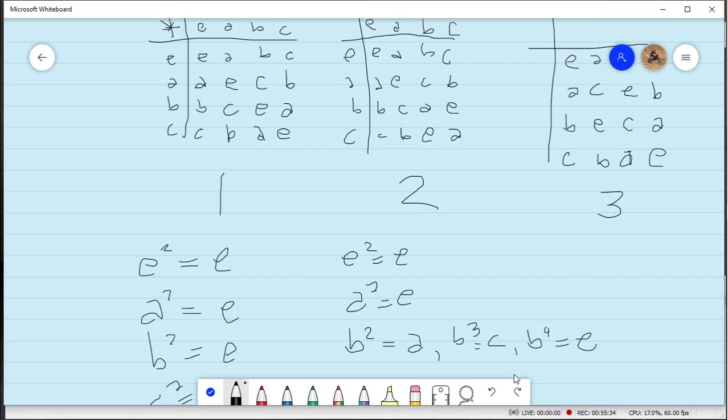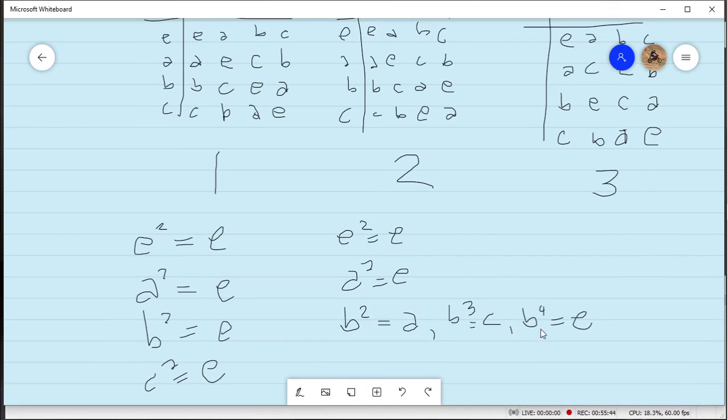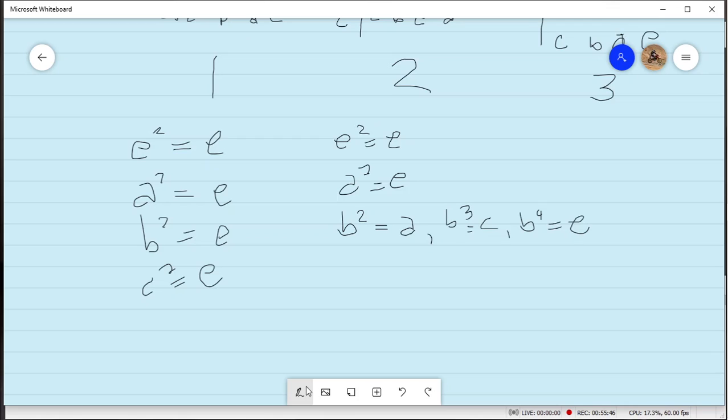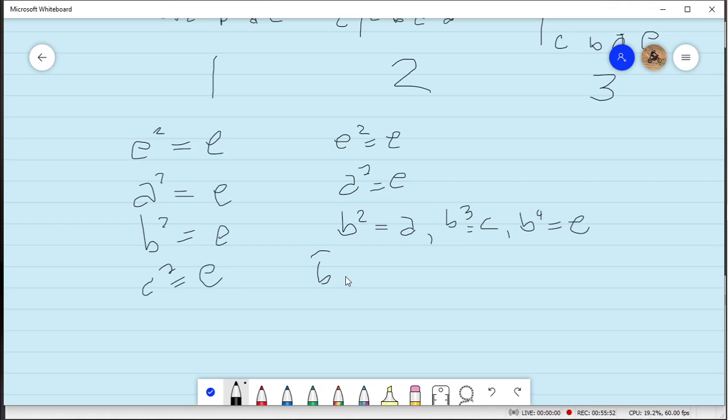Therefore, if we would try to enumerate all powers of B in this table here, let us symbolize that by B bar, just for notation purposes. B bar is the set containing all powers of B. So of course it has B, or B to the first.